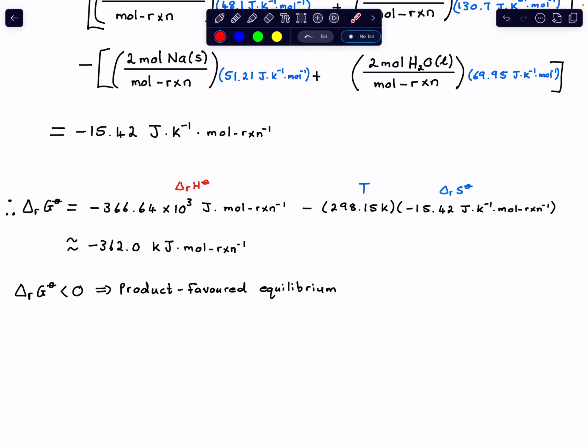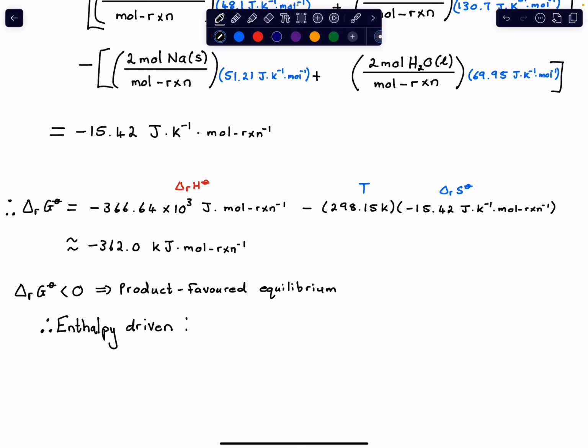Sorry, because delta G naught tells us product favored equilibrium versus reactant favored equilibrium. That is what delta S naught is telling us at the moment. It's causing the reaction to become less product favored. So this means that our reaction is enthalpy driven, and it's because of two reasons.